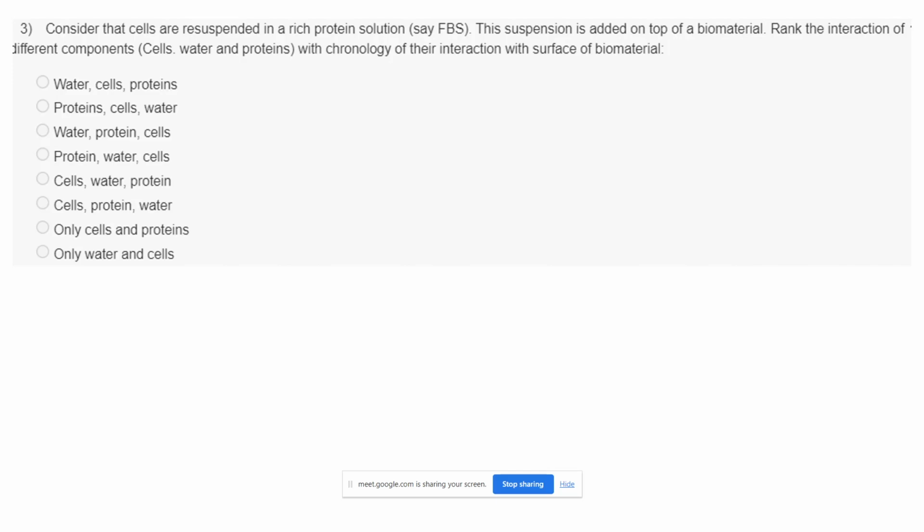Cells, water and proteins, what will be their chronology of interaction when exposed to surface of a biomaterial?